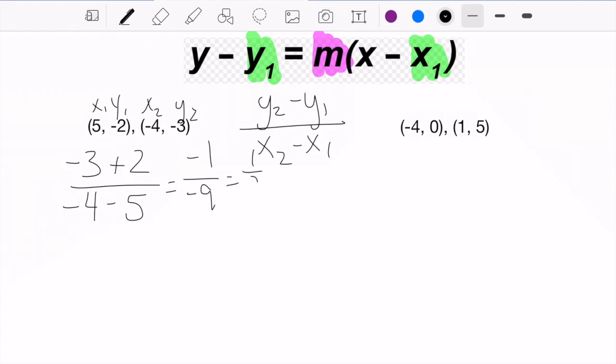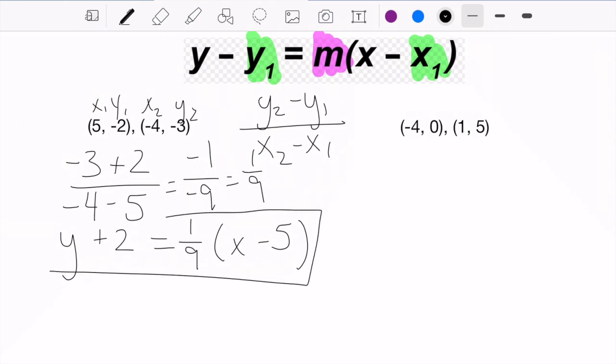So it becomes positive 1/9. Writing everything that is not highlighted is our next step. So 1/9 goes here, and then 5, -2. So that's going to be that one right there. Same thing here, x1, y1, x2, y2.